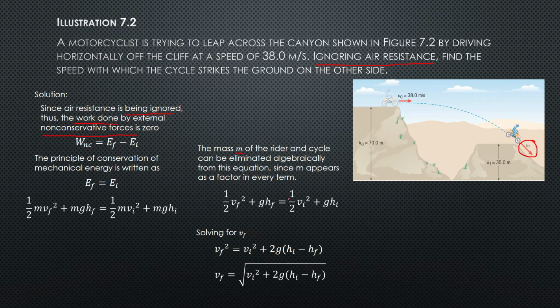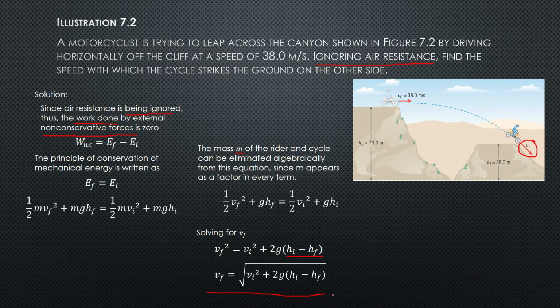So 2 multiplied by 1/2 is 1, giving v_i squared, then 2 g h_i minus 2 g h_f. Both have 2g, so factoring 2g gives us this equation: v_f squared will be equal to initial speed squared plus 2g times the initial height minus final height, and taking the square root of both sides gives you this equation.